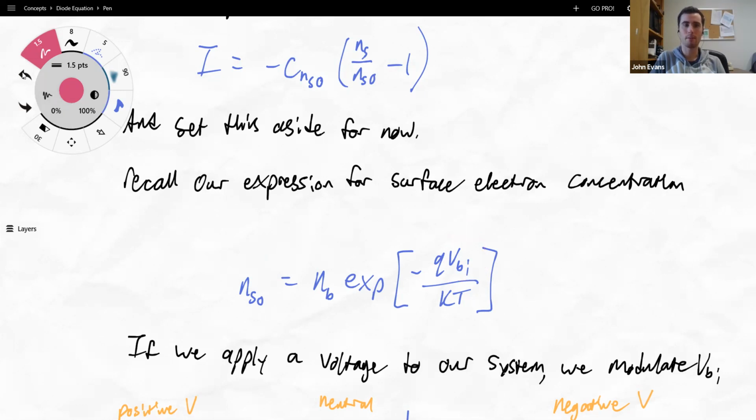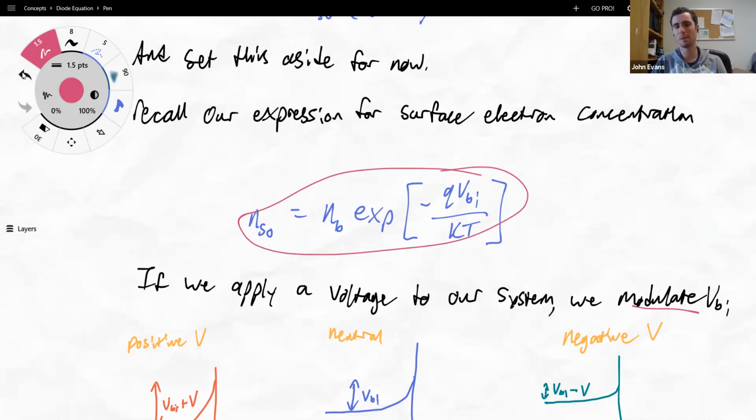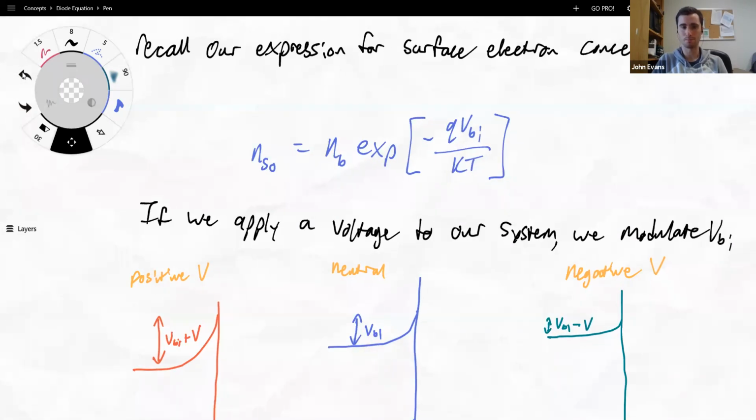And we can also see that if we apply a voltage to our system, we can modulate the voltage that we would feel for this expression here. Right? I say that we modulate V_BI. We don't really modulate V_BI. We are modulating the potential of the system, and thus we are modulating this term here in the expression, which is going to cause a difference in the surface electron concentration.